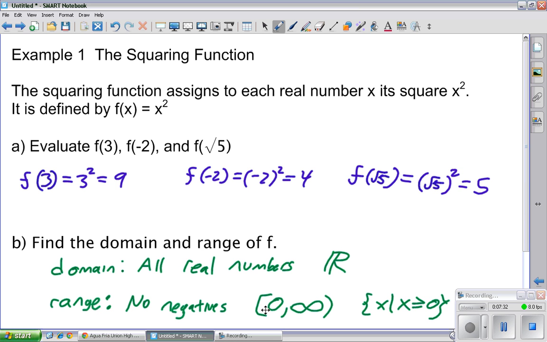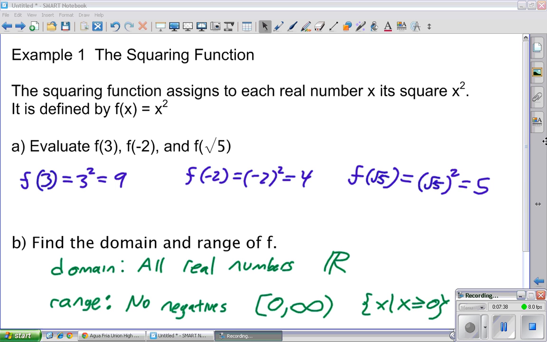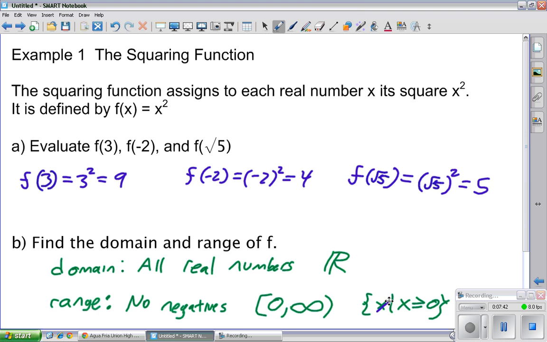Or you could do it as an interval like this. Actually, since this is the range, we shouldn't say x, we should say set of all y's such that y is greater than or equal to 0, because it's the range, it's the output, so we'll use y as the variable.